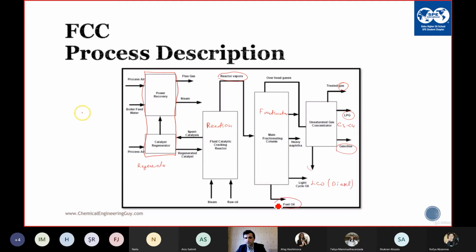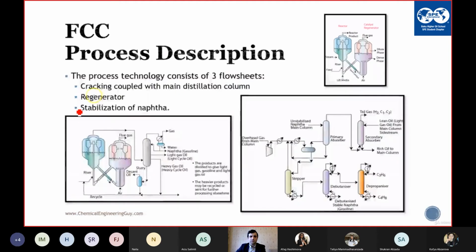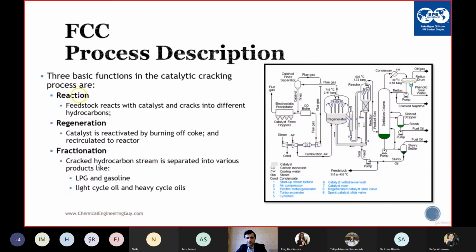So what we can do with fuel oil, we can burn it if we need. So the same, we have the distillation column, regenerator, stabilization of naphtha. And we have 3 main sections, as I told you before: reaction, regeneration, and fractionation.